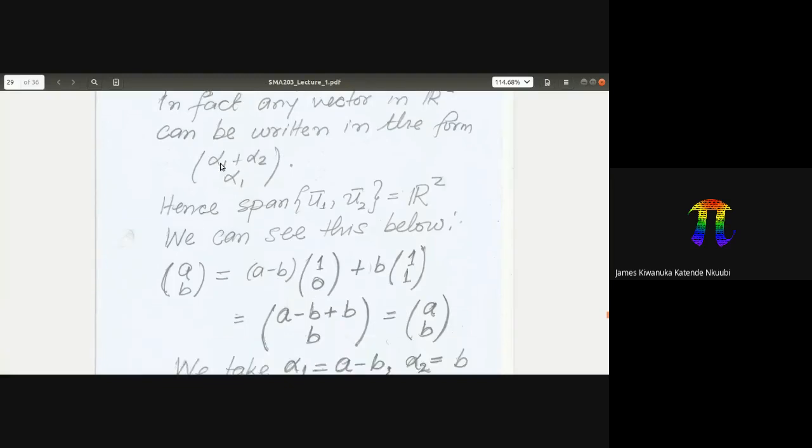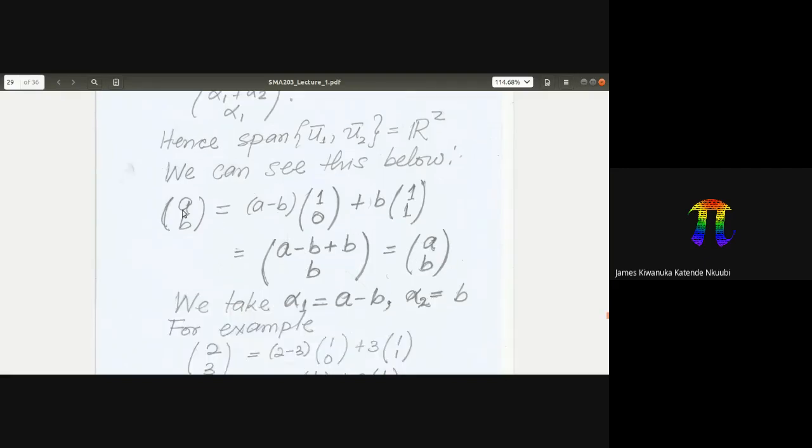Now to find the scalars for any vector, let's pick any vector (A, B) in R2. Observe that if you take alpha 1 to be A minus B and alpha 2 to be just B itself, then (A, B) can be written as (A minus B plus B, and then B at the bottom), because 0 plus B will give us B. And we still end up with (A, B).